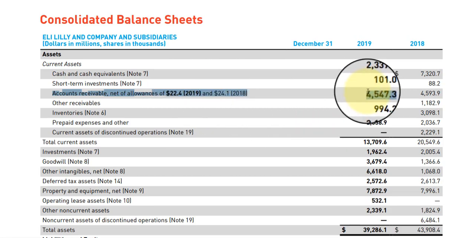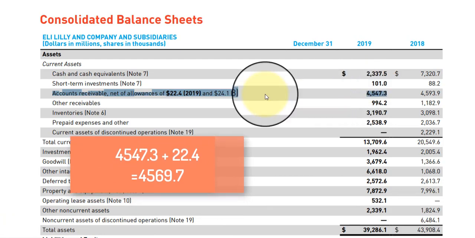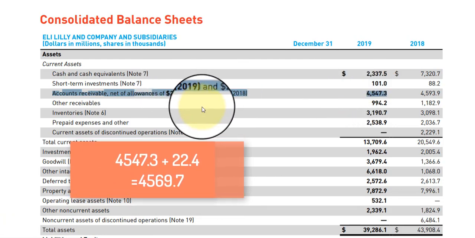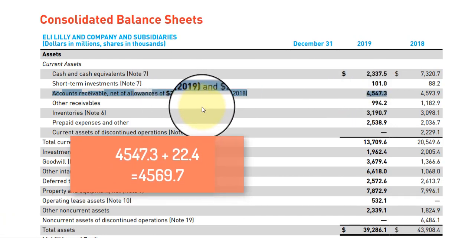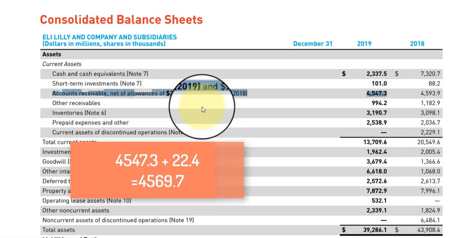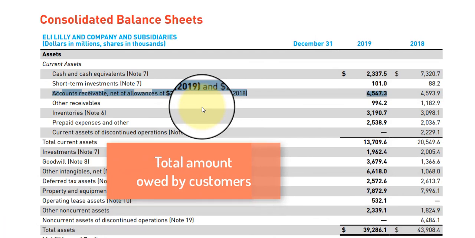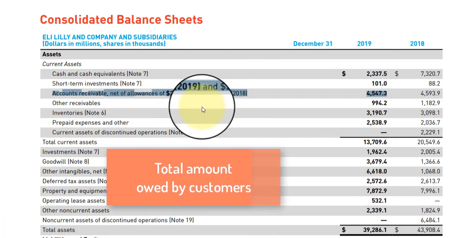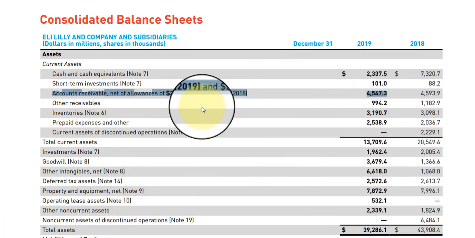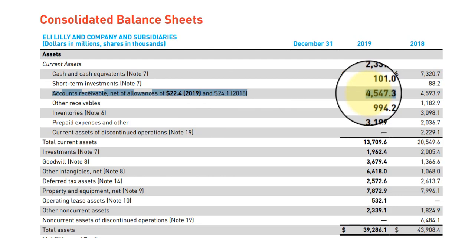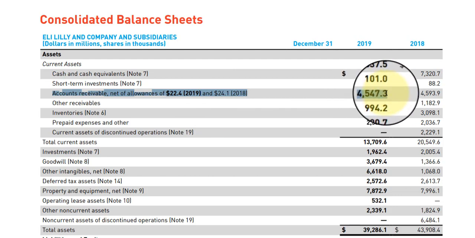So 4.5 billion plus the 22.4, so that would be 4,569.7 million. Then they took out the 22.4 to get the amount that they actually have listed here.